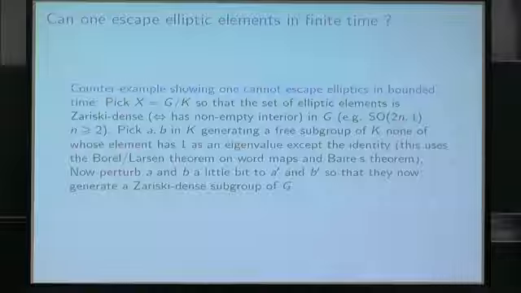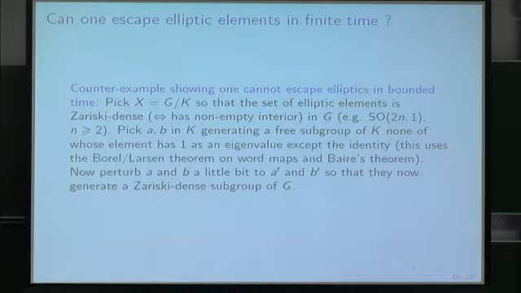So the idea is you pick A and B in the compact group, which generate a free subgroup in such a way that none of the elements in this free group have 1 as an eigenvalue. This can be achieved using a theorem of Borel and Larsen, a very nice theorem about word maps: if you have a word map on an algebraic semisimple Lie group, then it has to be dominant.